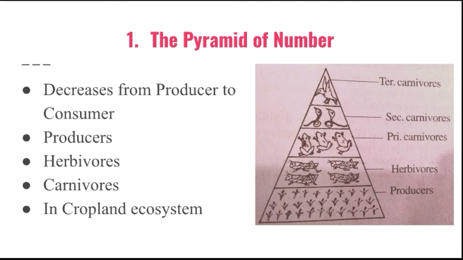The grasshoppers feeding on crop plants are lesser in number, the frogs feeding on grasshoppers are still lesser in number, and the snakes feeding on frogs are fewer in number. As the trophic level increases, the individual number of animals decreases. That is the pyramid of number.